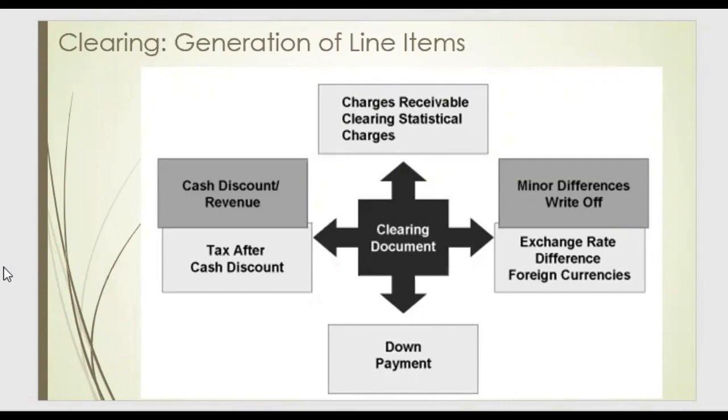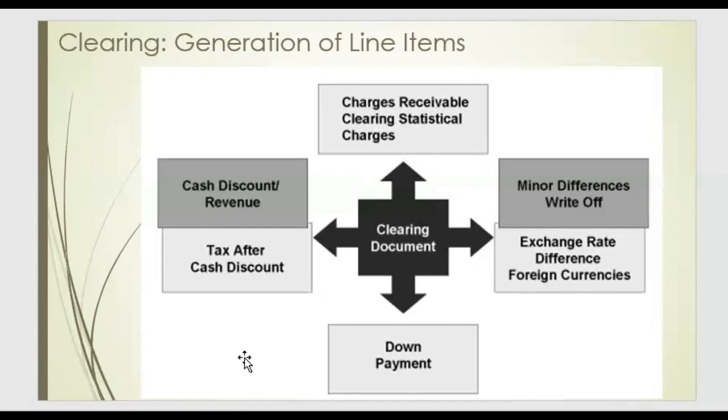It may happen that whatever the open items, it may be statistical charges or charges receivable. Charges receivable means against the open items, we are getting some money, clearing. If it is statistical, we will not do posting. Remove this, it will be as it is.